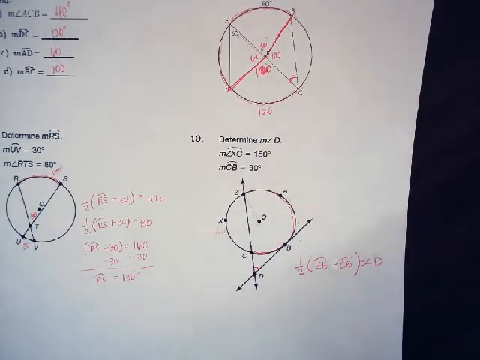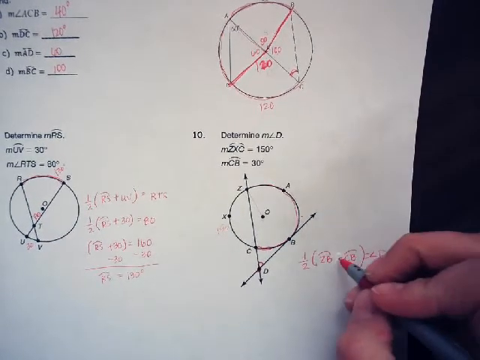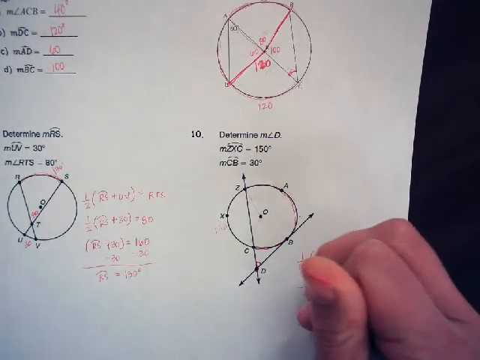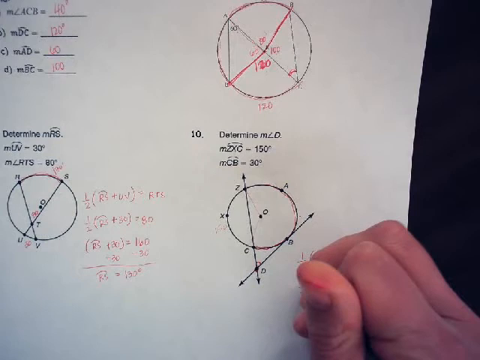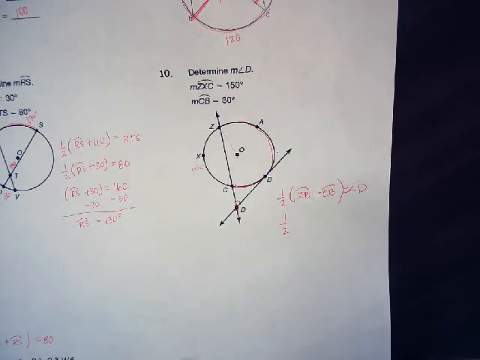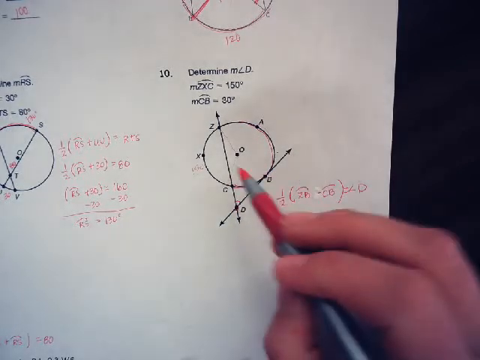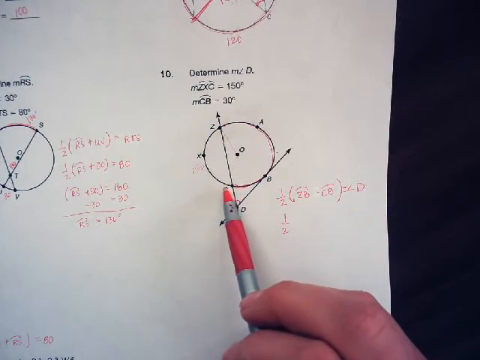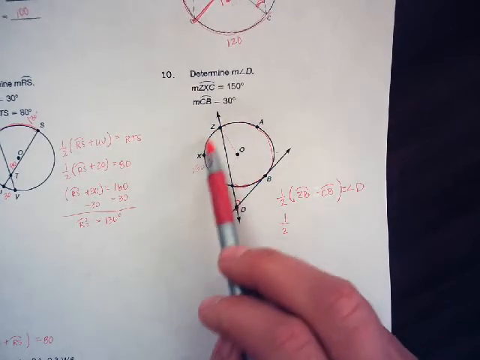So let's figure out what we have, and we can solve this problem. Remember to subtract there. Now I've got white out everywhere. All right, so 1/2 ZB, it tells me that ZXC is 150.